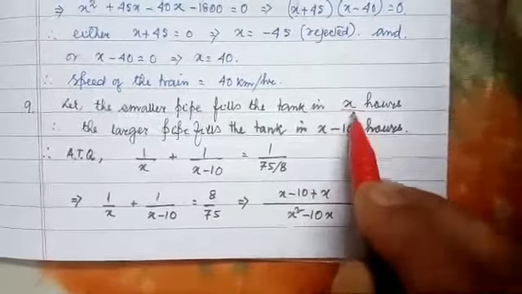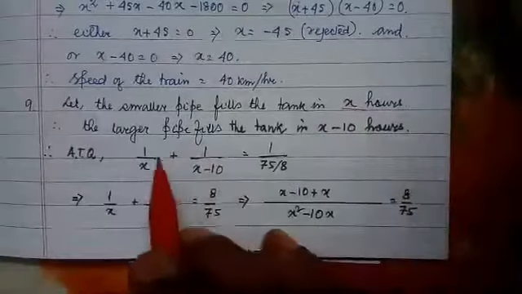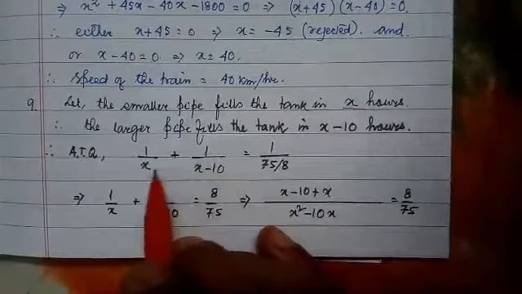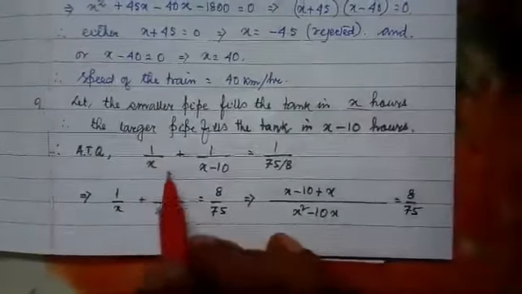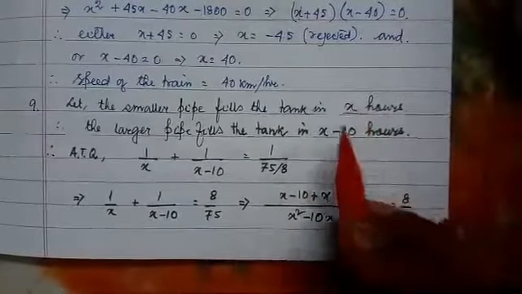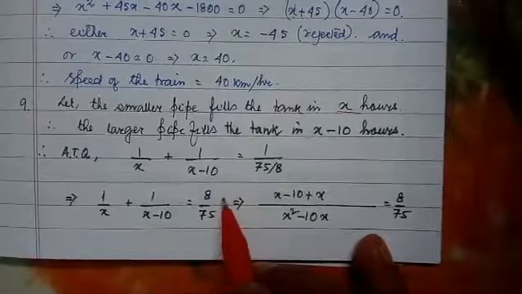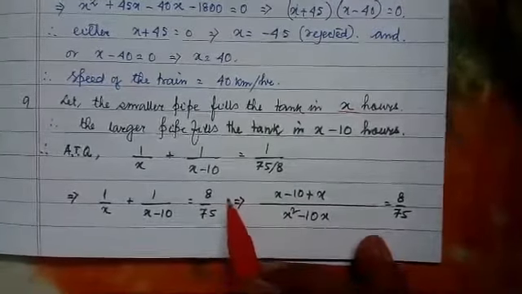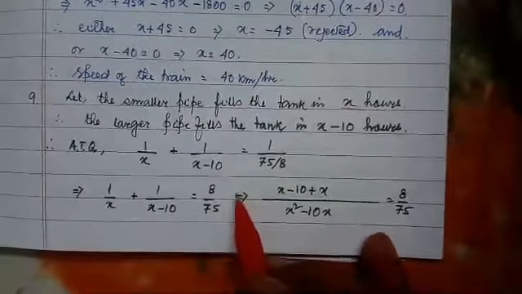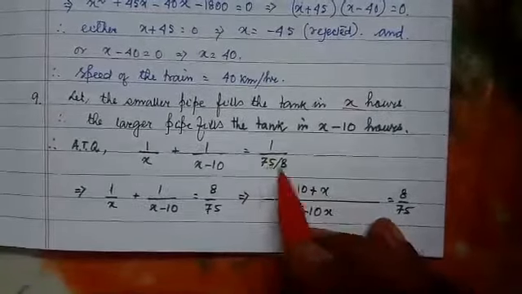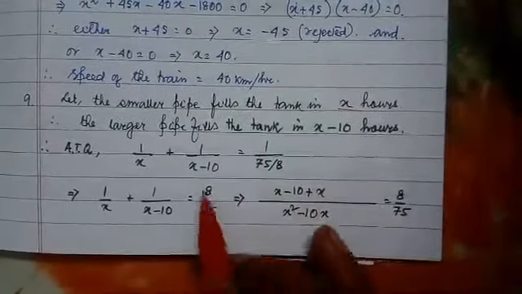So in 1 hour, the part filled by the smaller pipe is 1 by x, and that by the larger pipe is 1 by x minus 10. Therefore the part filled in 1 hour, as per the question, will be 1 by 75 by 8, that is 8 by 75.